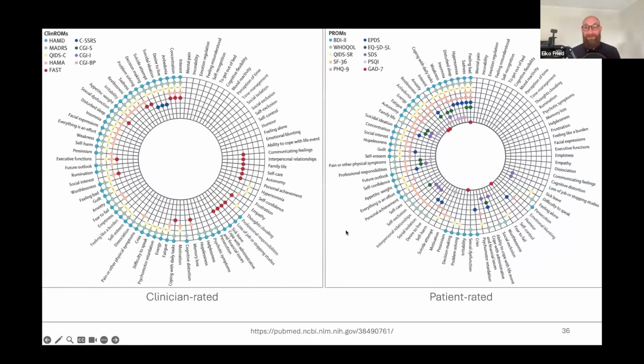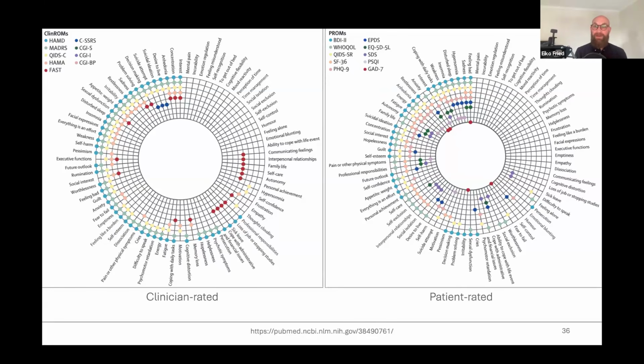Yeah, here actually, this is a follow-up paper by the group of Astrid. Chris Veal wrote this paper as a first author, looking at a couple of hundred clinical trials for depression and bipolar disorder, I think, looking at what scales people used. But then, importantly for this year, they separated them out into clinician-rated and patient-rated scales and assessed to what degree each of these scales measures these 80 domains that we distilled from these 8,000 open text fields.